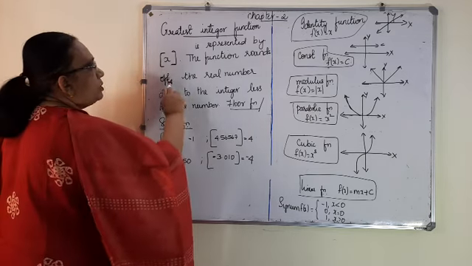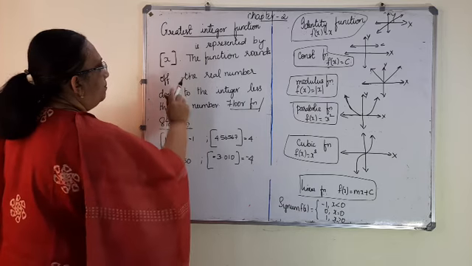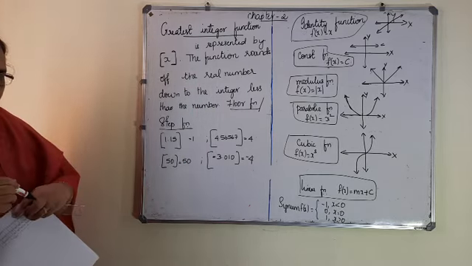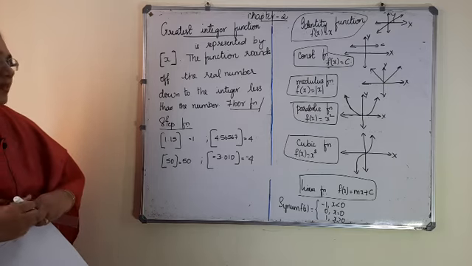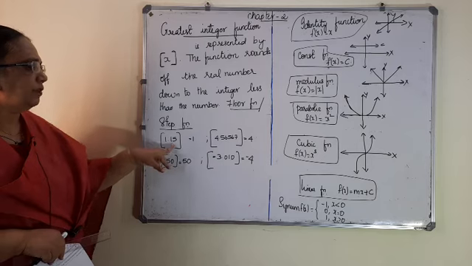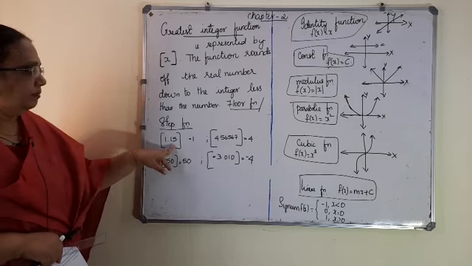The function rounds off the real number down to the integer less than or equal to the number. So the greatest integer function of x is the greatest integer less than or equal to x.